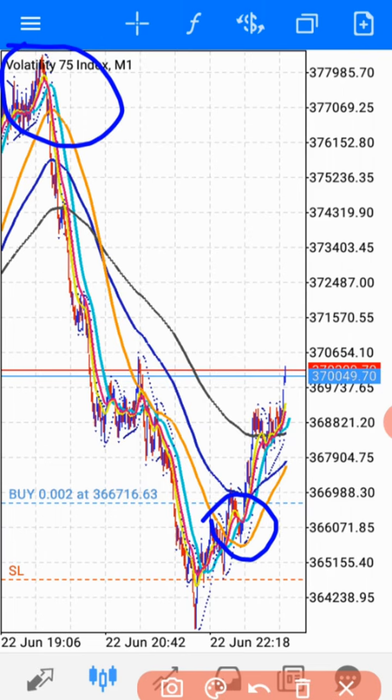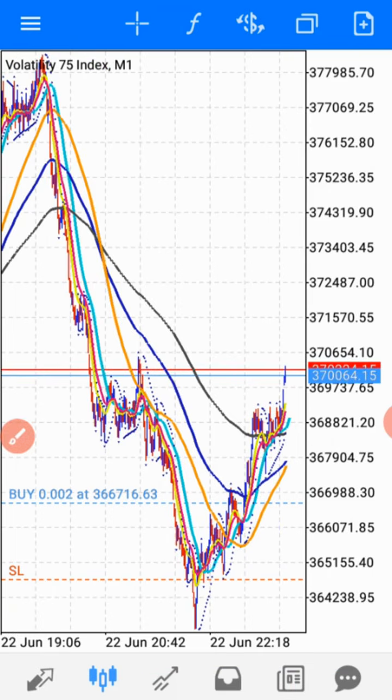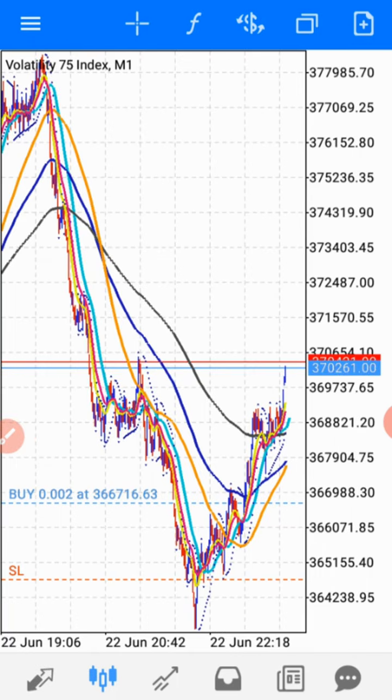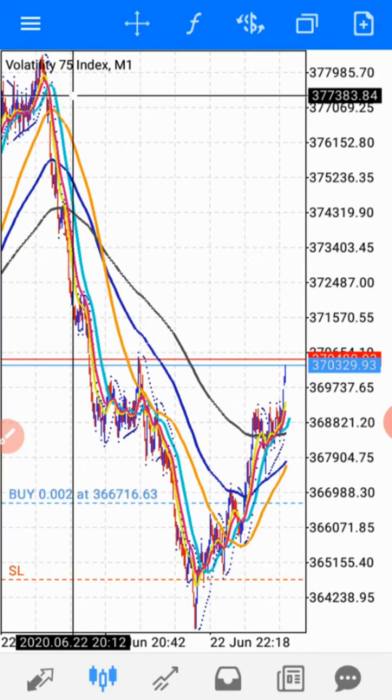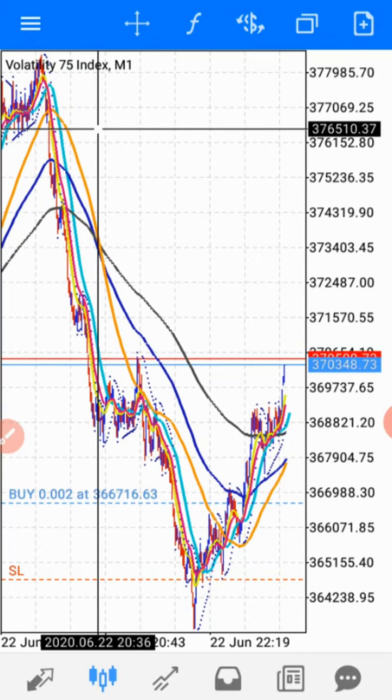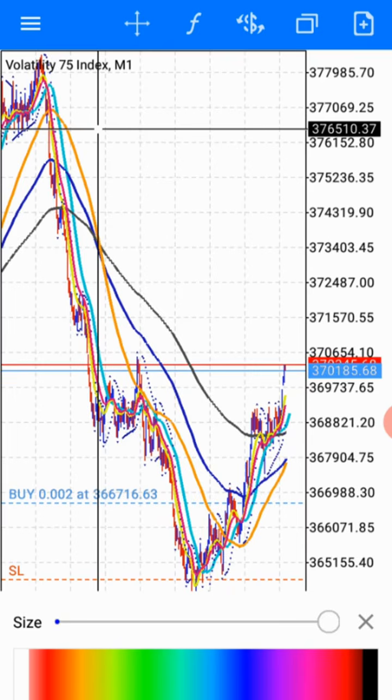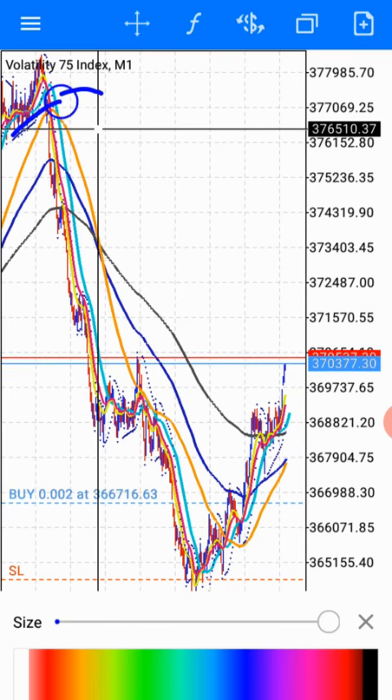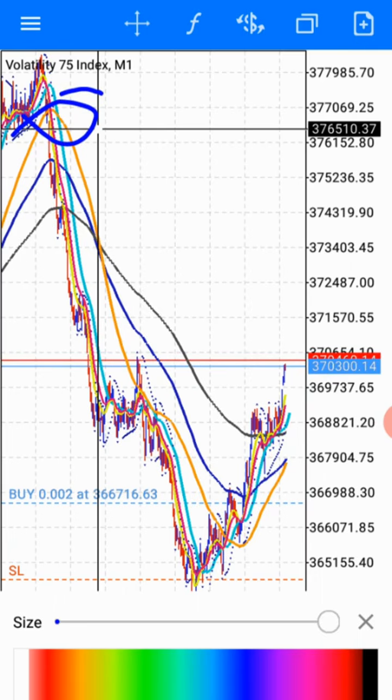We're supposed to enter our trade here, but we couldn't, because when the blue here was crossing this yellow here, price was not there.